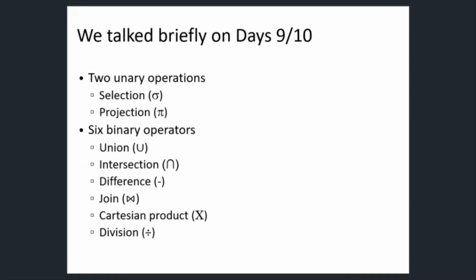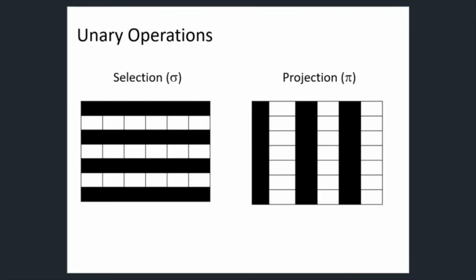And as a reminder, there are two unary operations, selection and projection, and we will be discussing those at length during this video. In addition, there are 6 binary operators: union, intersection, difference, join, Cartesian product, and division. And we will be discussing those on our next video.